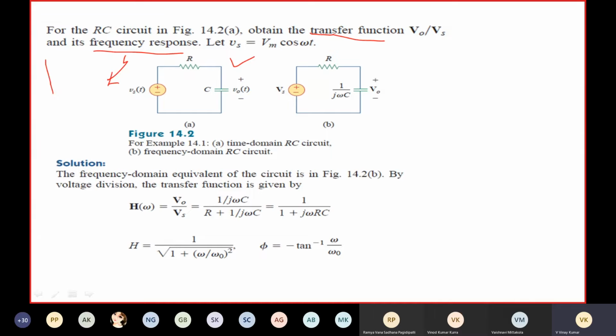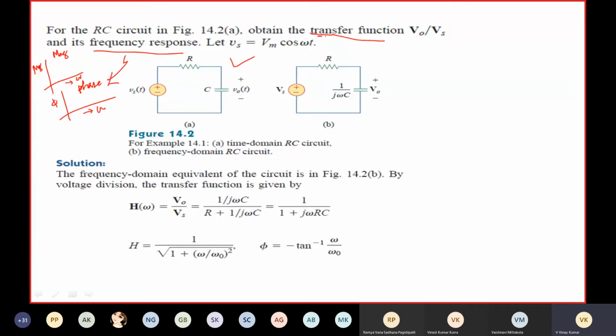You are going to have two plots, the magnitude plot and the phase plot. Magnitude plot means magnitude versus frequency. Phase plot means phase angle versus frequency.